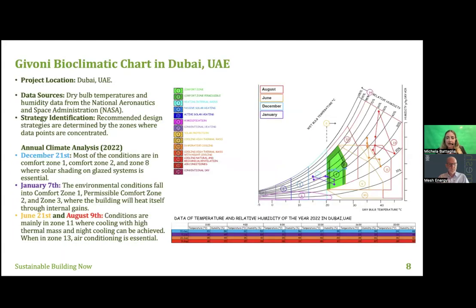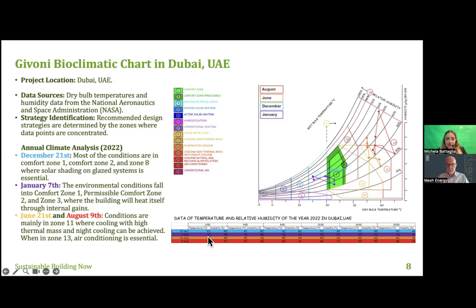Let's see now an example of Dubai. I started to analyze certain days, for example, the 21st of December, the 21st of June, then the hottest day of 2022, which was August 9th, and the coldest day, which was January 7th.